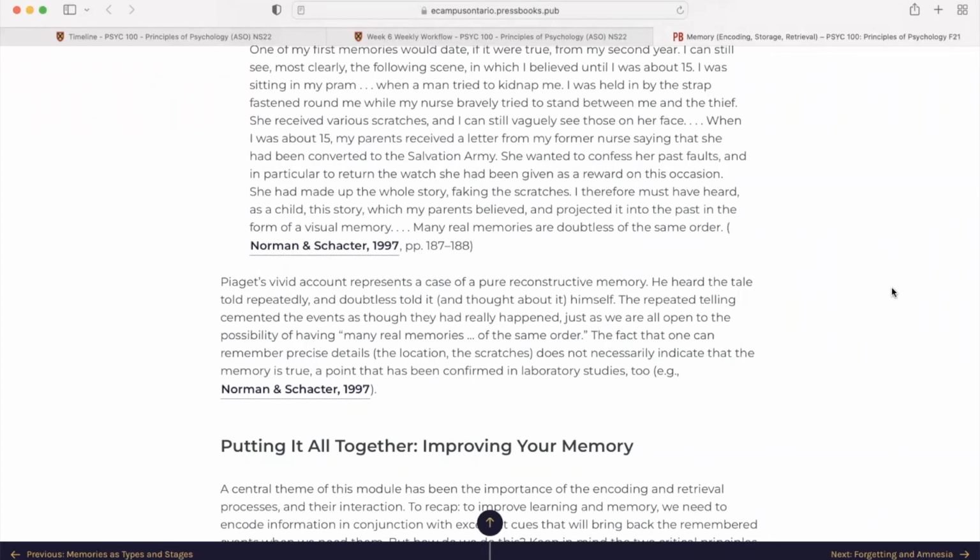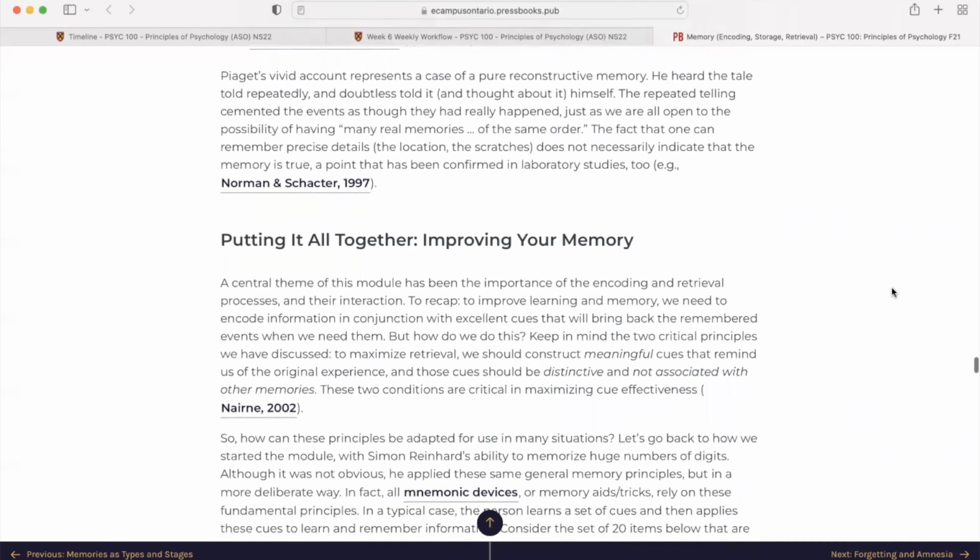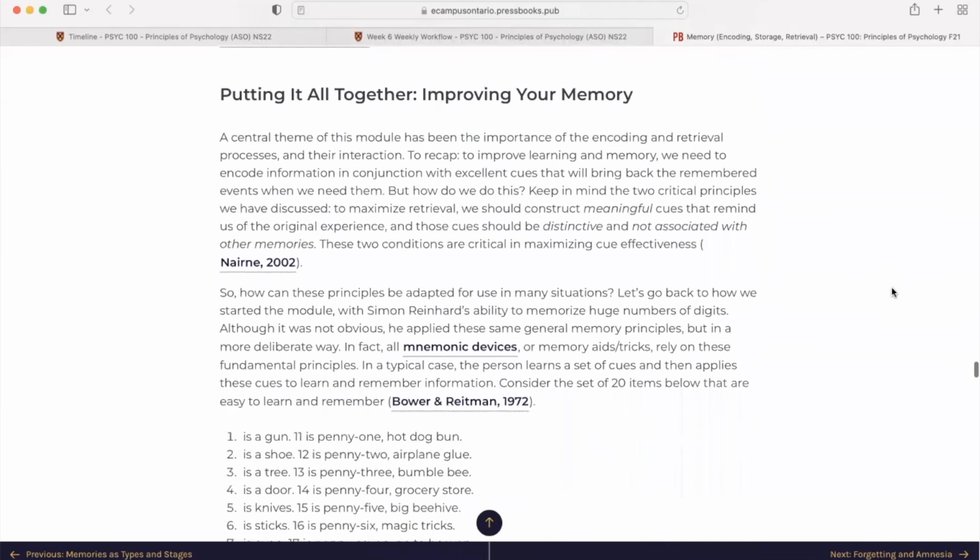The repeated telling cemented the events as though they had really happened, just as we are all open to the possibilities of having many real memories of the same order. The fact that one can remember precise details, the location, the scratches, does not necessarily indicate that the memory is true, a point that has been confirmed in laboratory studies too. Wowzer, that is fascinating.